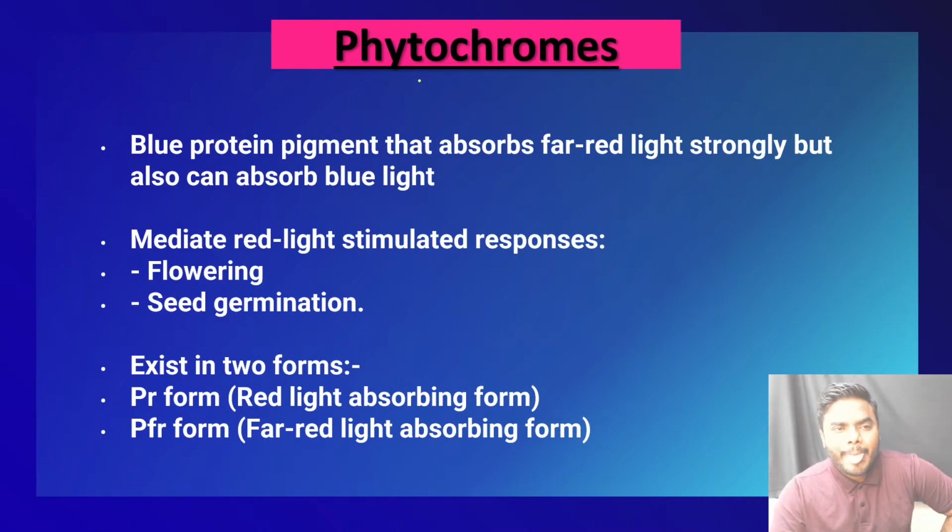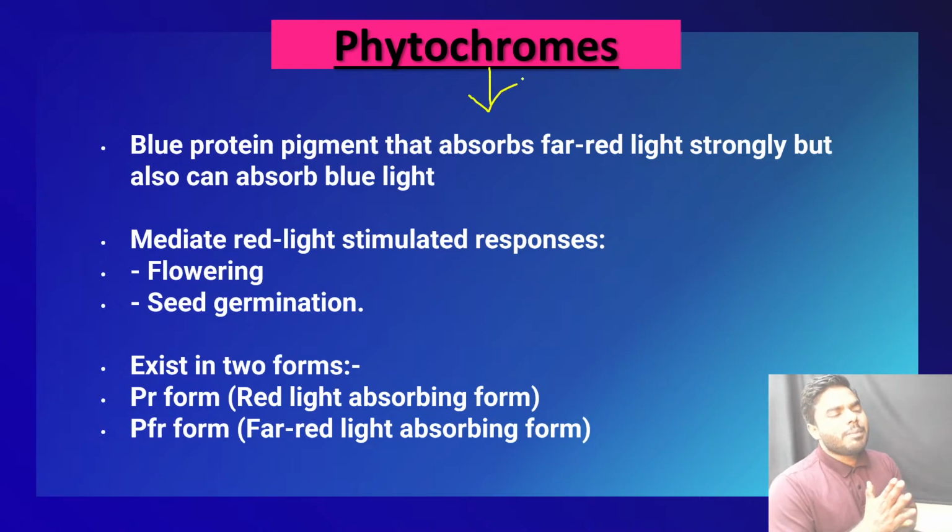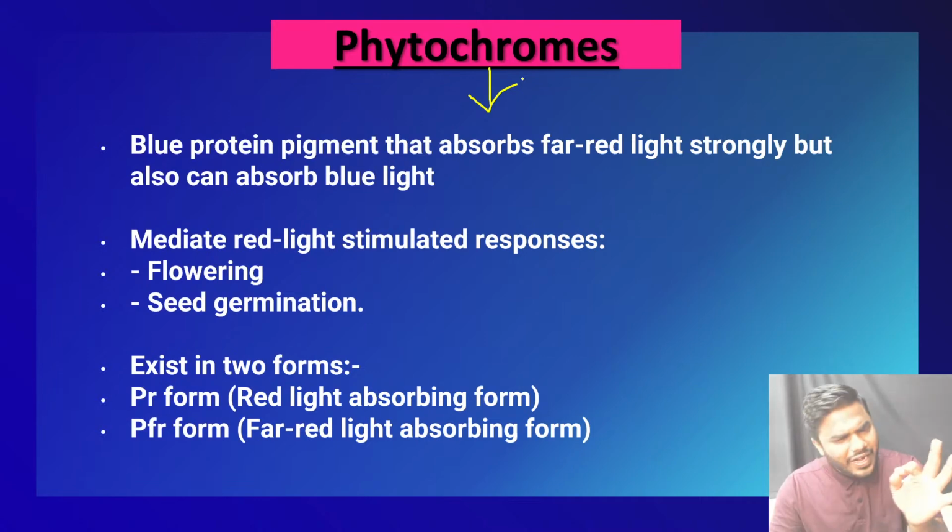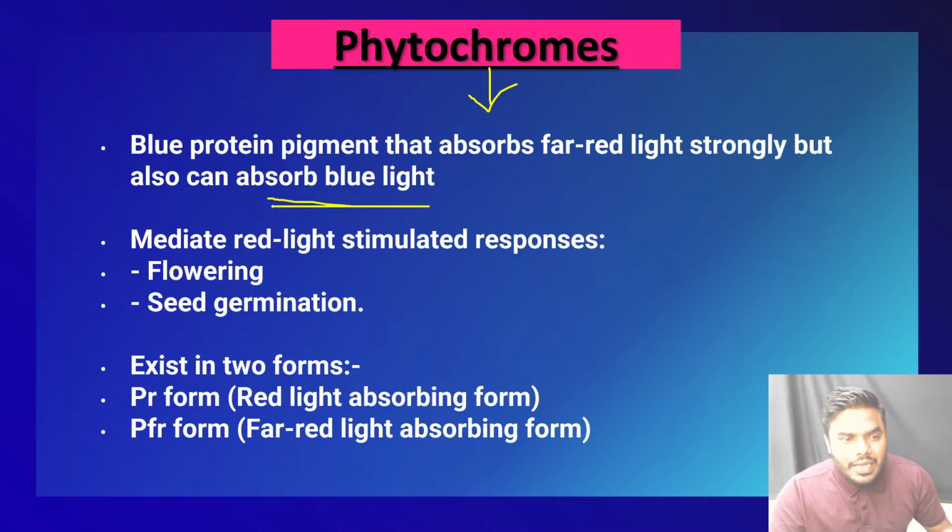What is phytochrome? All the students listen. I already told you friends, it absorbs red light, it absorbs far red light also, but not strongly, a very little fraction. It can also absorb blue light. Friends, this is a statement every one of you has to remember.